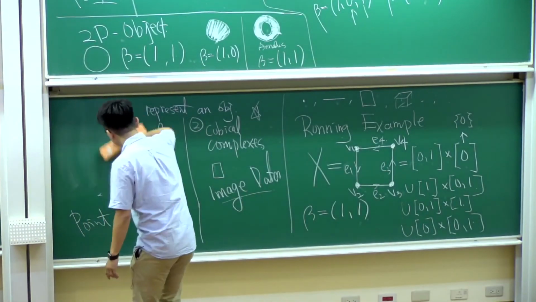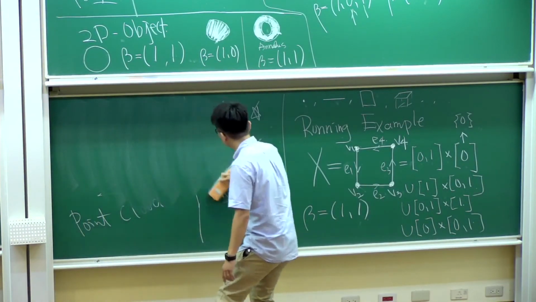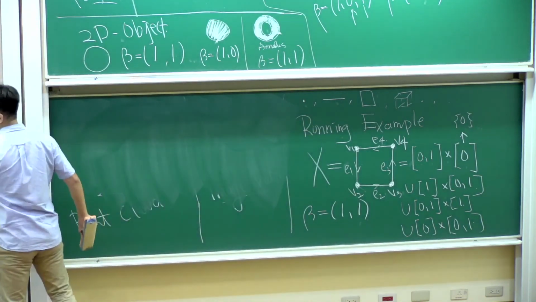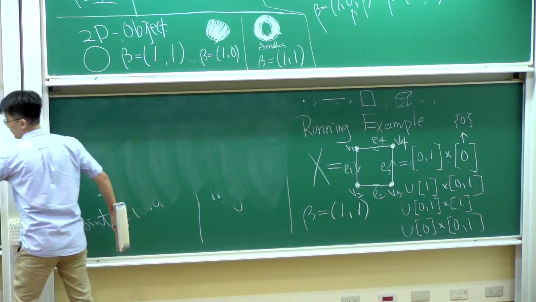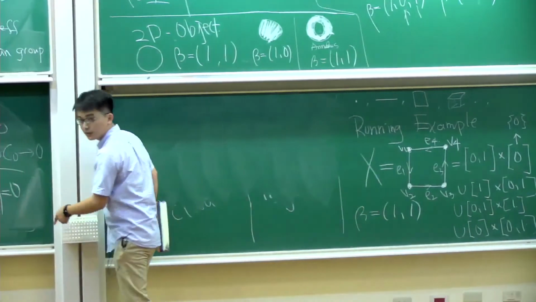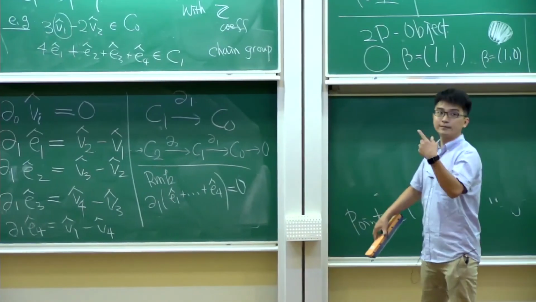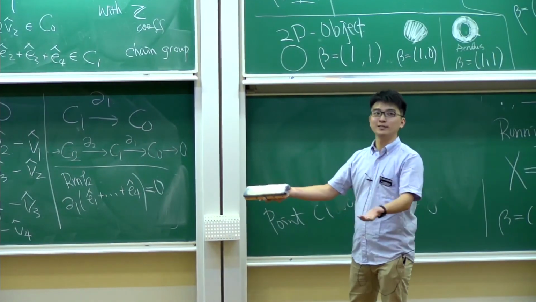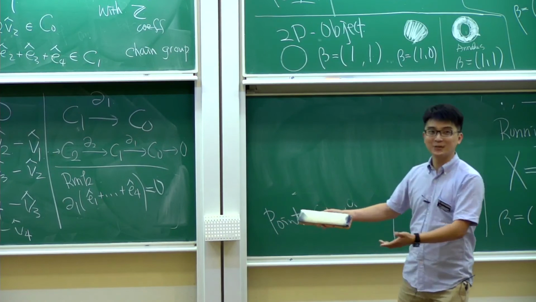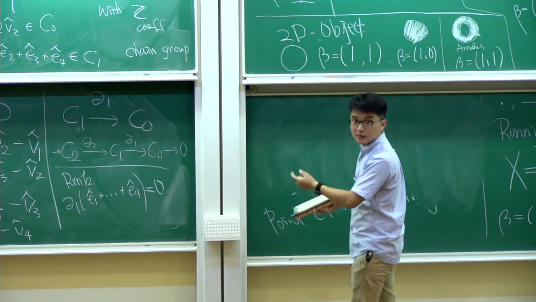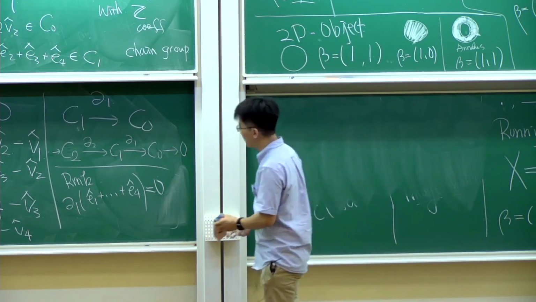To measure the holes, it can be captured from this boundary map. This is a linear map. You map something to 0. That element is in what? What's that special name? Kernel, exactly. So the kernel is what we are interested in.